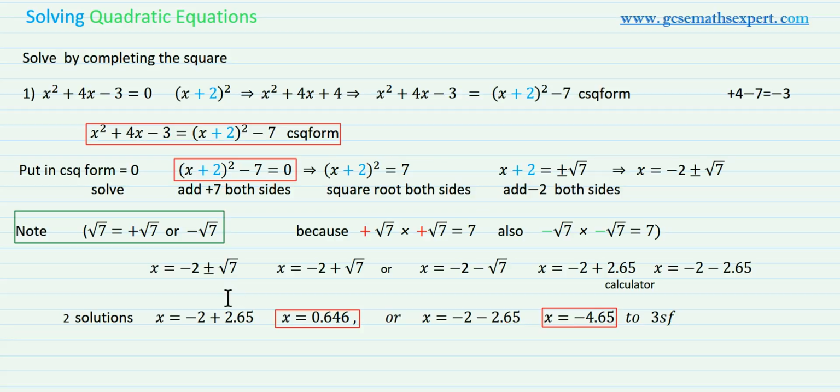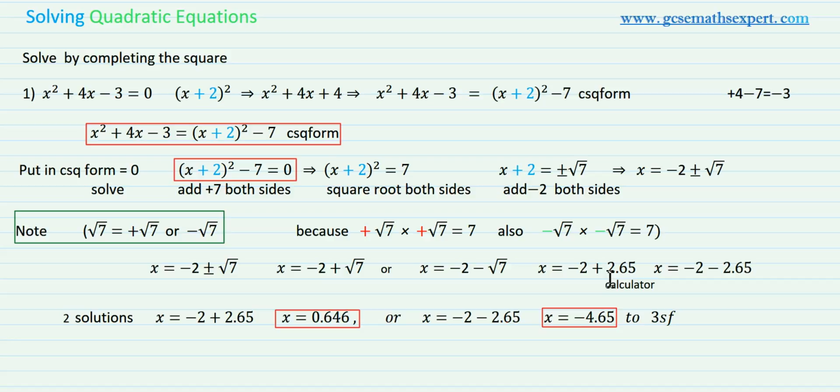Okay, so then x will be minus 2 plus or minus the square root of 7. So x will be minus 2 plus the square root of 7, or minus 2 minus the square root of 7.